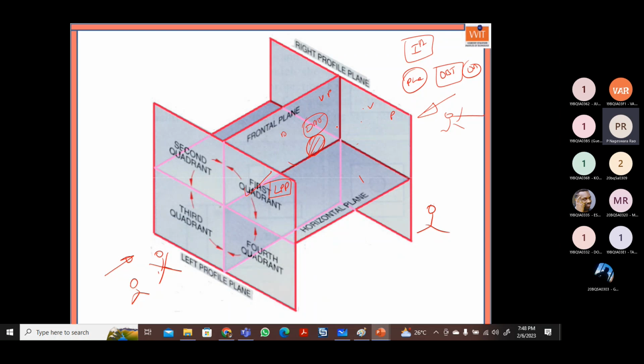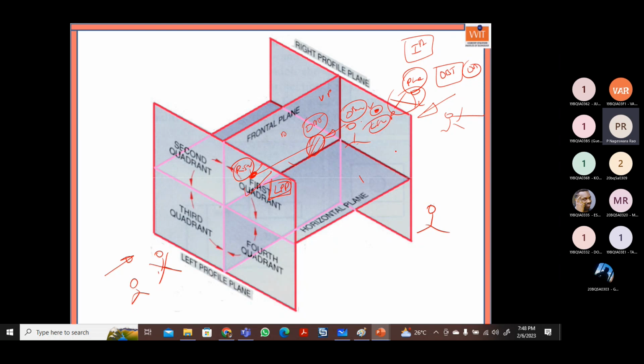So when you see the right side view, we are not looking from here, we are looking from inside, because the object is always between the observer and the plane. When you look at the right side, we get the image of this object on the left profile plane. This is what we call the right side view, whereas the left side view we get on the other plane, but the plane name is different. That thing we have to remember.